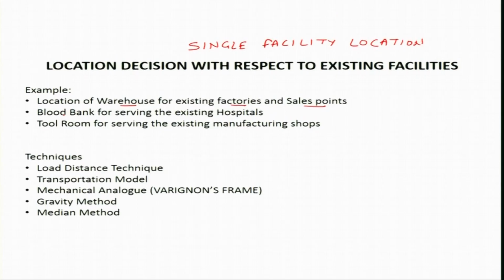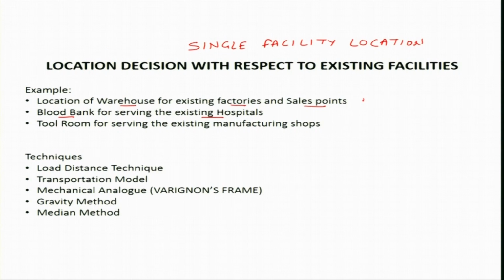Then there can be a case of setting up a blood bank for serving the existing hospitals. In a city like Delhi or some other metropolitan city, there are hospitals already existing, of different sizes and capacities. The number of beds is a surrogate measure for the requirement of blood, and based on that we can decide where to locate the blood bank, so that the total distance travelled to meet all the requirements is minimum.